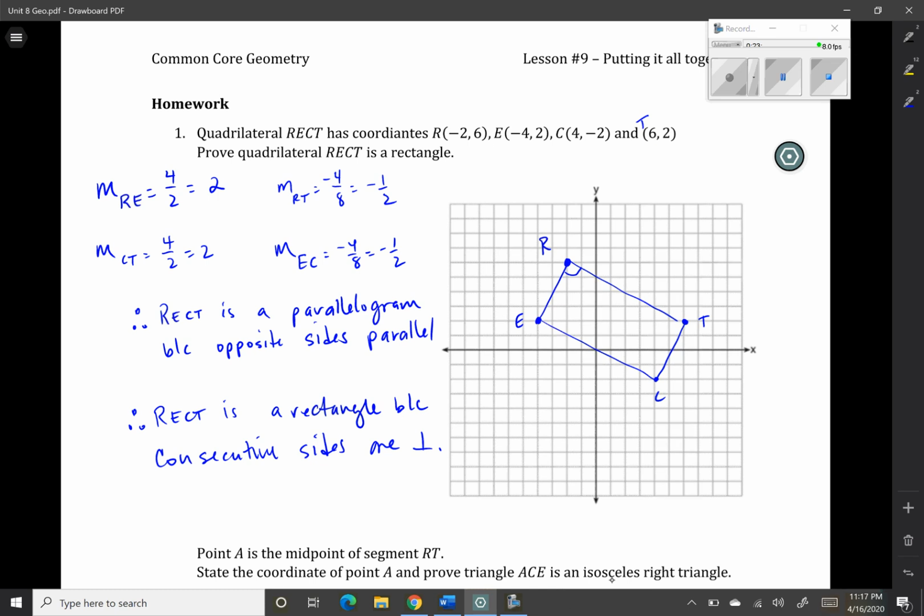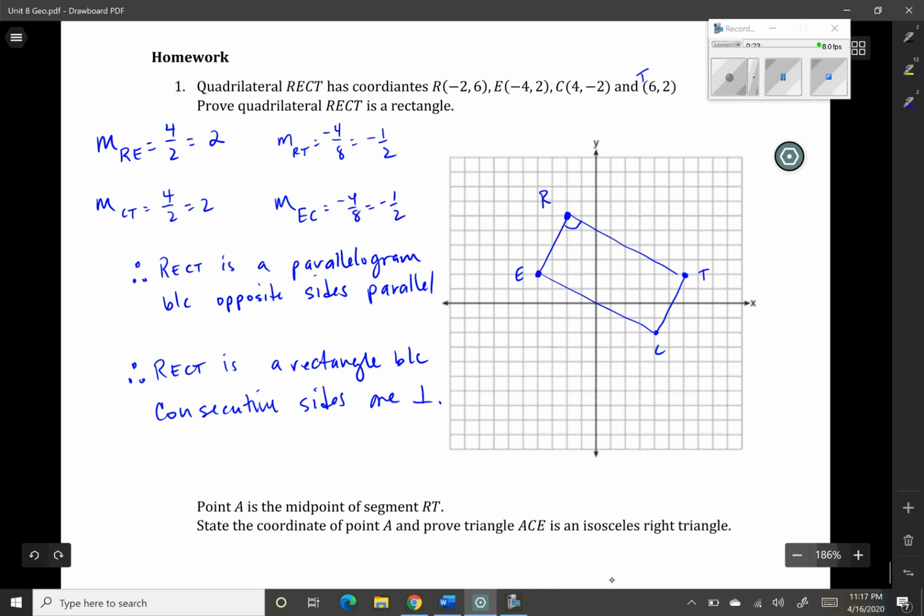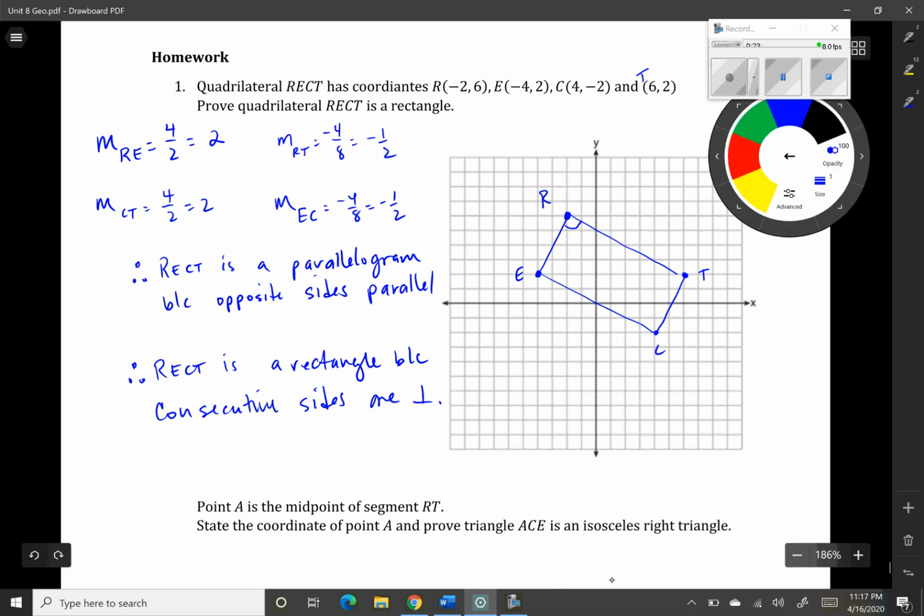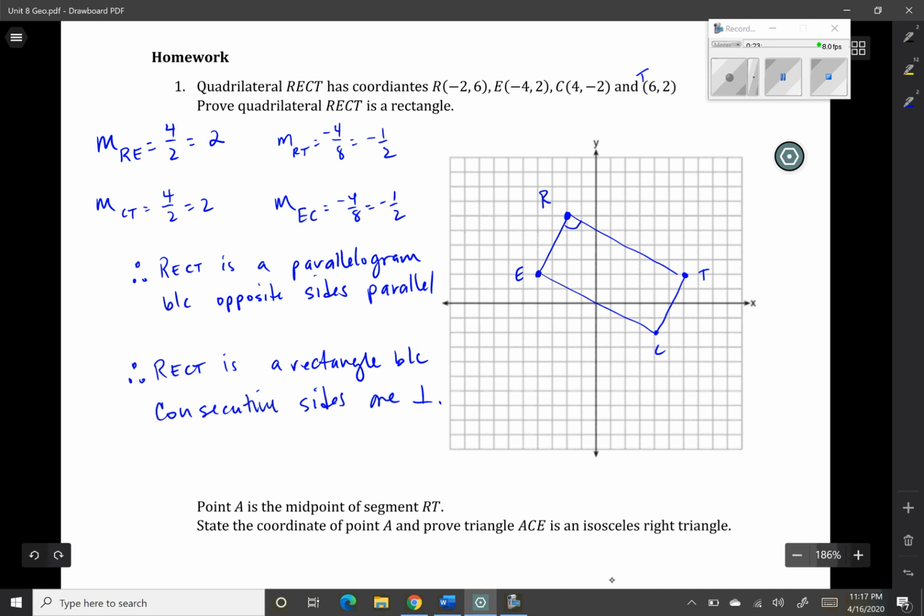The next part says A is the midpoint of segment RT. So segment RT had a slope of down 4 to the right 8. So if I cut that in half, just go down 2 to the right 4, I'm at my midpoint, right? So the midpoint is the coordinate (2, 4). So we'll say that this is point A. So point A has the coordinate of (2, 4).